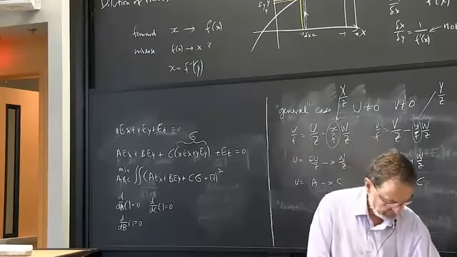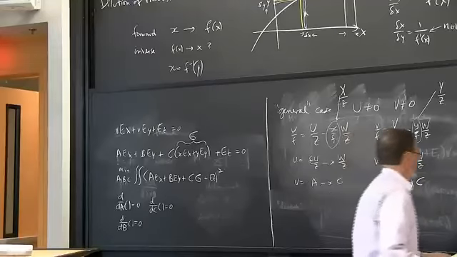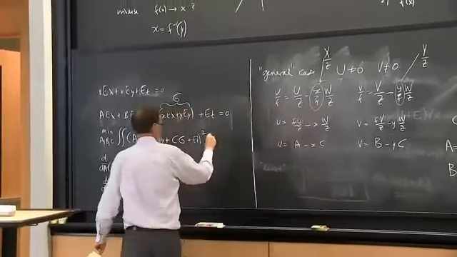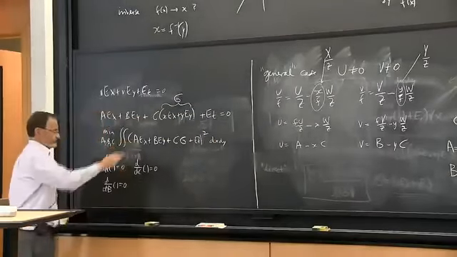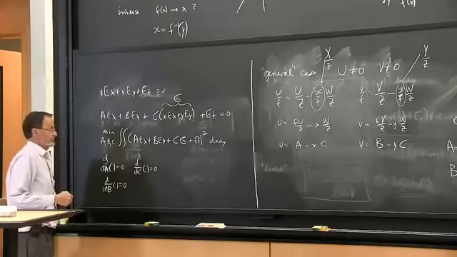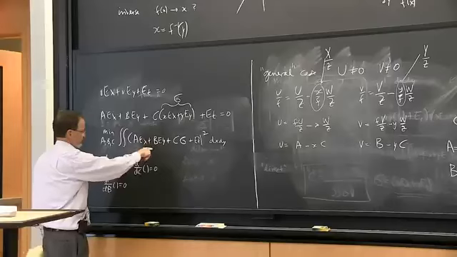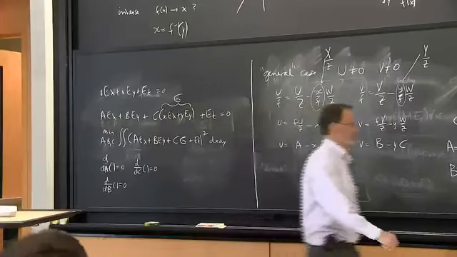So, okay, what happens if we differentiate this? Well, the derivative of that integral is the integral of the derivative of the integrand. The integrand is this square thing, so we get 2 times that.